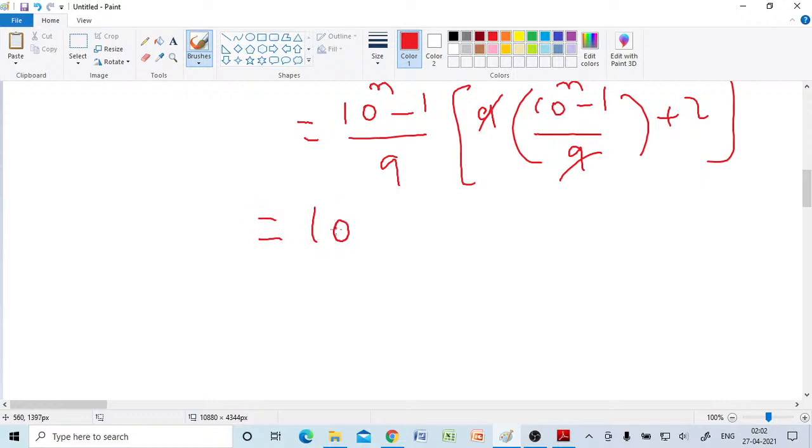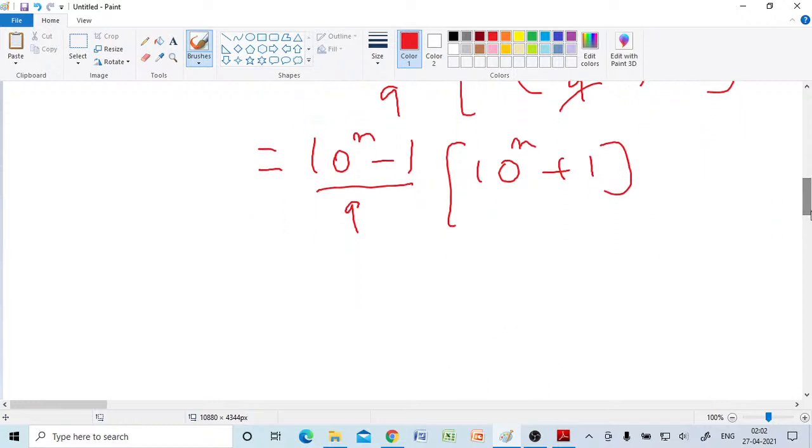And we have 10 to the power of n minus 1 over 9 times 10 to the power of n minus 1 plus 2 plus 1, which is 10 to the power of n plus 1, using a plus b times a minus b.